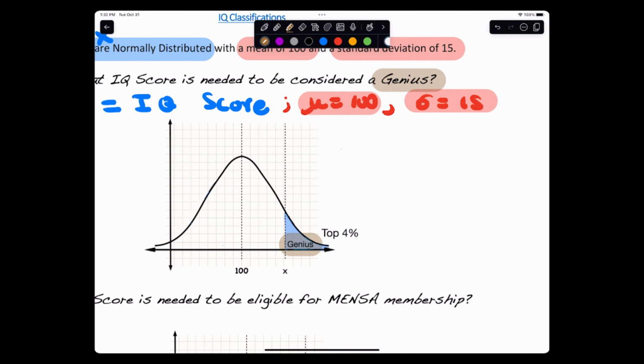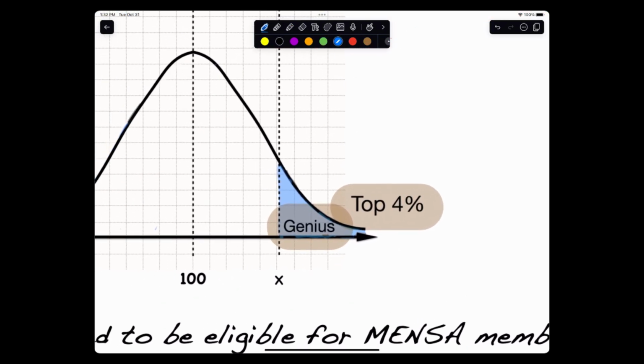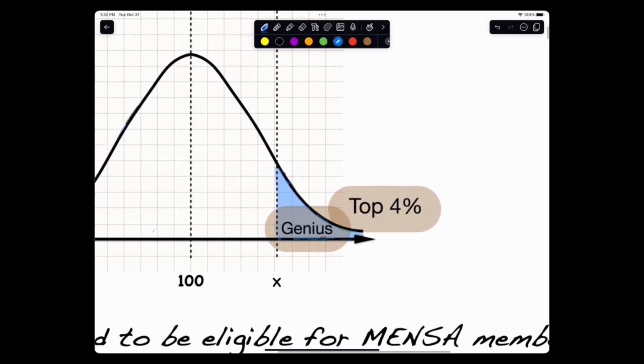The definition is somebody who has an IQ score that's in the what? Top 40%. So take a look at this, ladies and gentlemen. You're a genius if your IQ is in the top, sorry, not 40%, top 4%. That's the definition of being a genius.